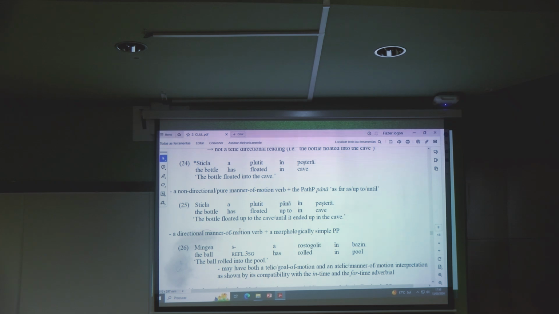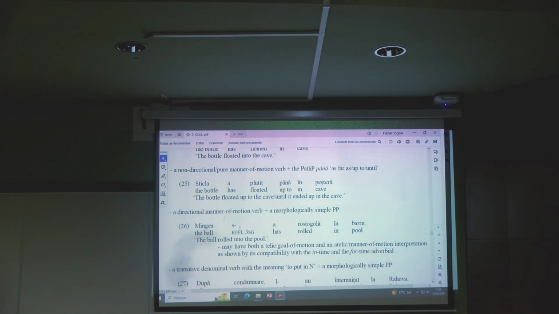Example 26, the ball rolled into the pool, mingea s-a rostogolit în bazin, may have both a telic, change of location, and an atelic manner of motion interpretation, as shown by its compatibility with the in and the for-time adverbial. There's, I would say, a small set of verbs belonging to this class of directional manner of motion verbs.